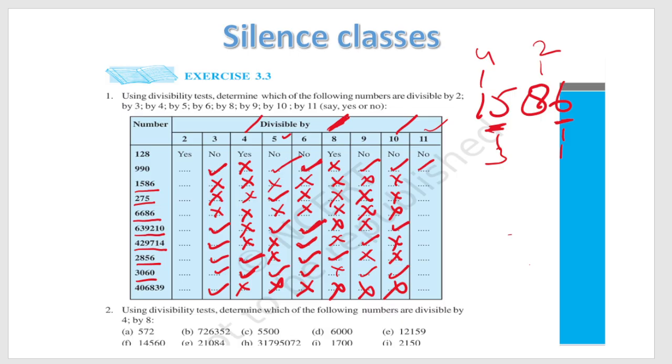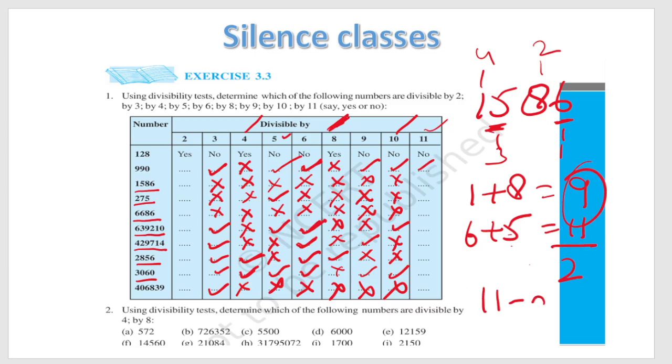I add the even-place digits, 1 plus 8 is 9, and the odd-place digits, 6 plus 5 is 11. Then we subtract: 11 minus 9 is 2, and 2 is neither 0 nor a multiple of 11. So this number is not divisible by 11.